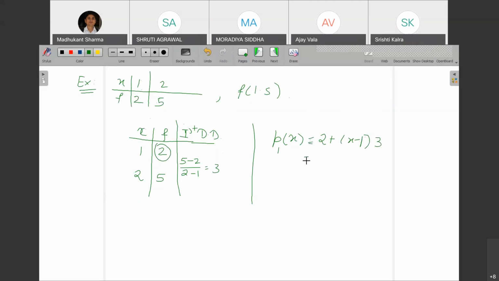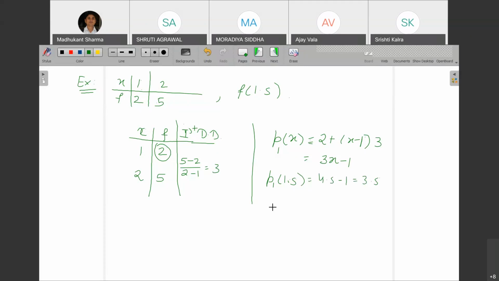So that is equal to 3x, and 2 minus 3 is minus 1. So the predicted value at 1.5, if you replace x by 1.5, is 4.5 minus 1, that is equal to 3.5.